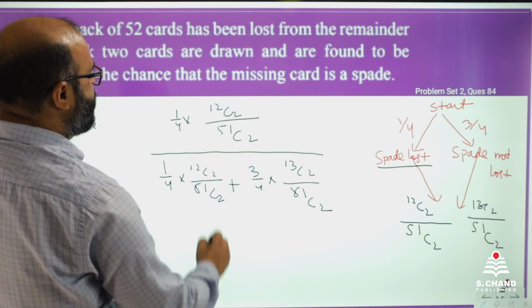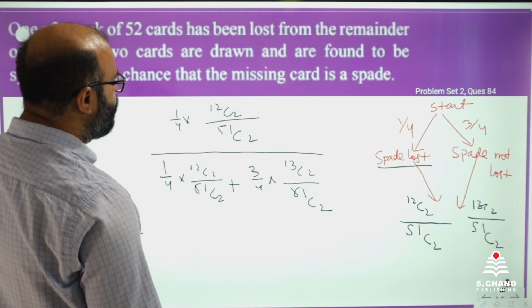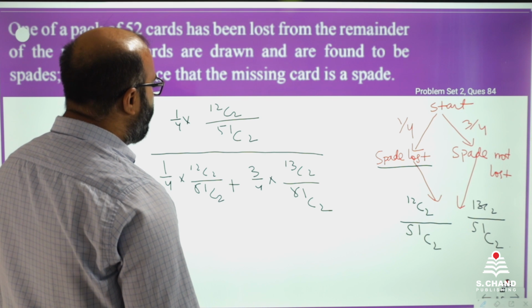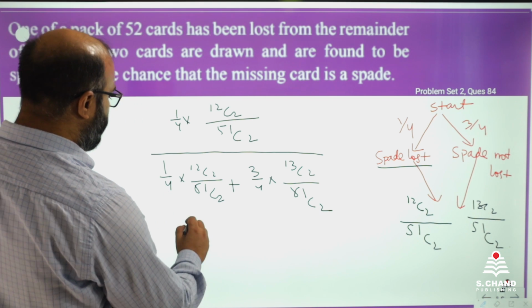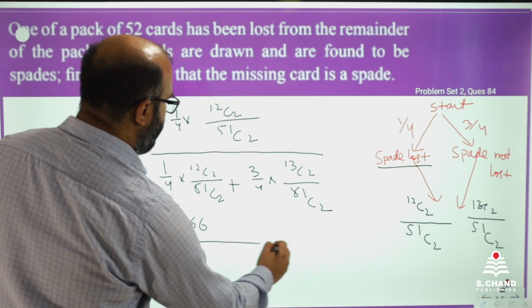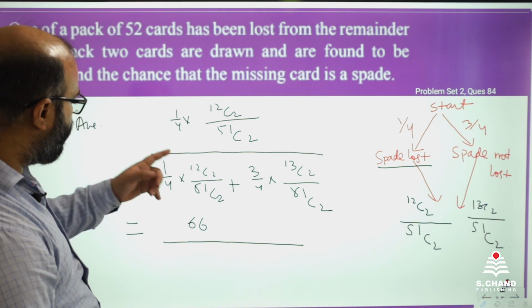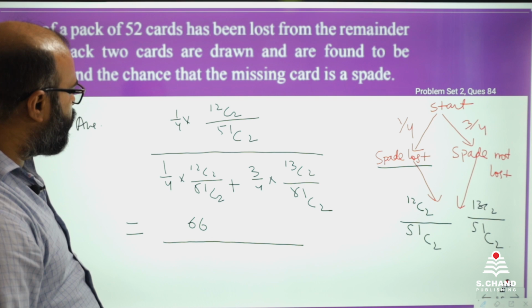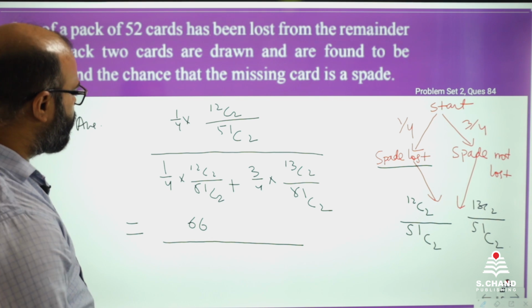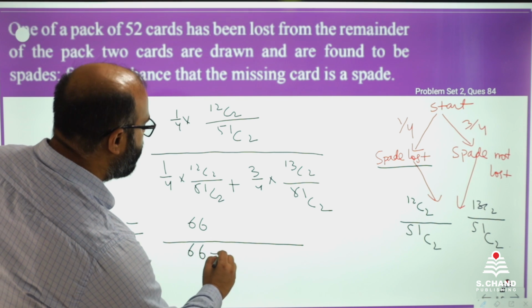This will be 12C2, which is equal to 12 into 11 by 2, that is 66. And then we have 4 cancel, 51C2 cancel, 12C2 here also, 12 into 11 by 2, that is 66.